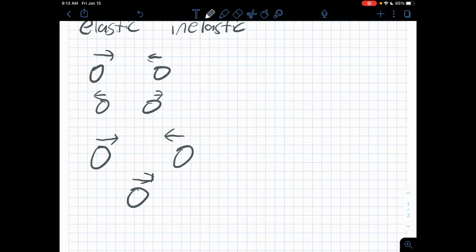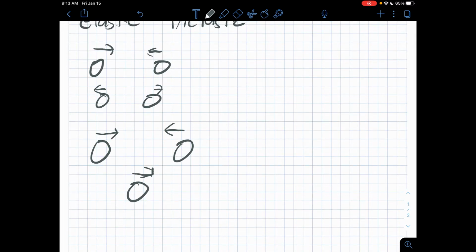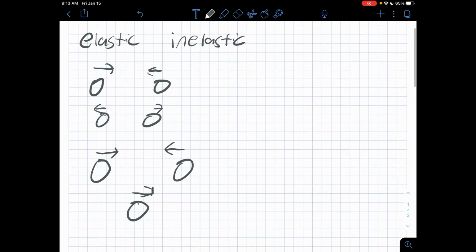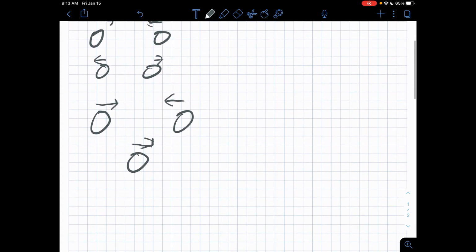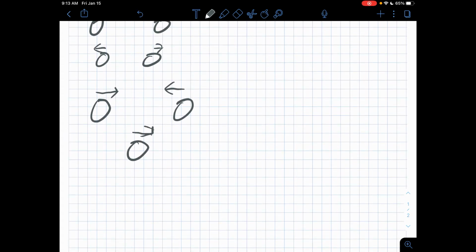In both cases, the total momentum of the entire system is conserved, meaning that the total momentum before and the total momentum after the collision are the same. So in an elastic collision, you can take the momentums of both of the objects and add them together, and it will equal the total momentum after. And the same thing for inelastic collisions.